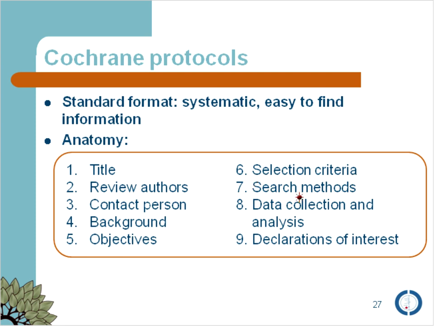It defines every database or other source that you're planning to look at in terms of search methods, and should have a sample search strategy as part of it. It covers how you plan to collect your data, your process, what you're prospectively thinking about in terms of your analysis, and your declarations of interest. So any conflicts of interest need to be outlined.